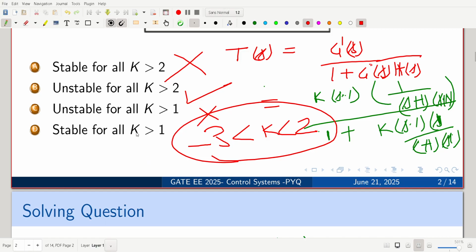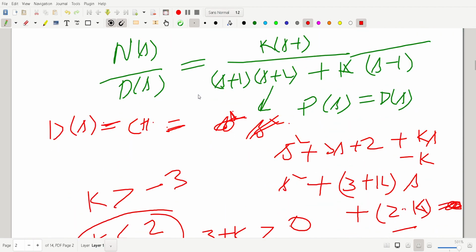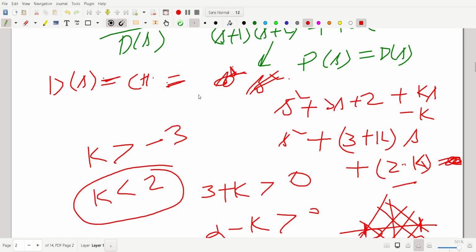If k is greater than 1 but less than 2, right? The range should be matched. I think from my perspective, the answer will be this, B is the correct answer. Okay, you can also check it and post in the comments if there is any possibility.